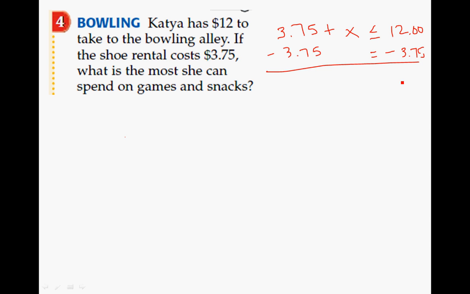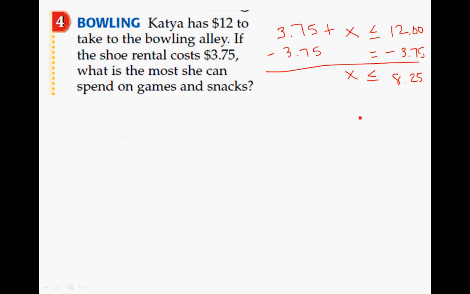What I end up with is x is less than or equal to, this would be 25, and 11 minus 3 is 8. So she can play $8.25 worth of games, and that would make sense.